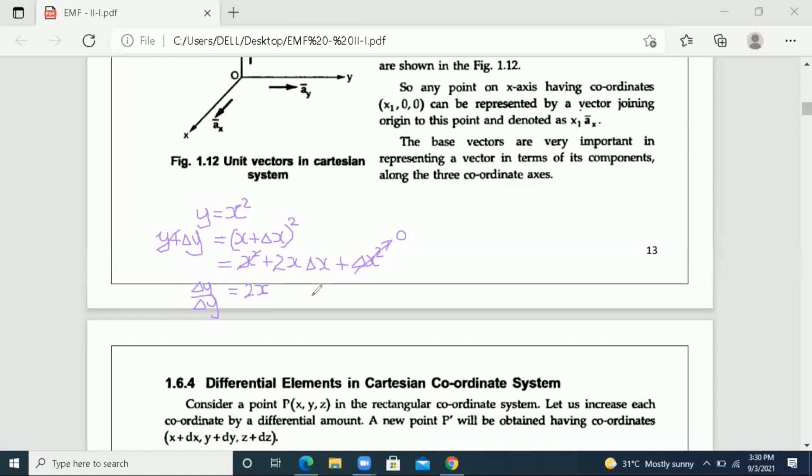If you divide both sides by delta x, you would get rid of the delta x, but you have delta y by delta x.